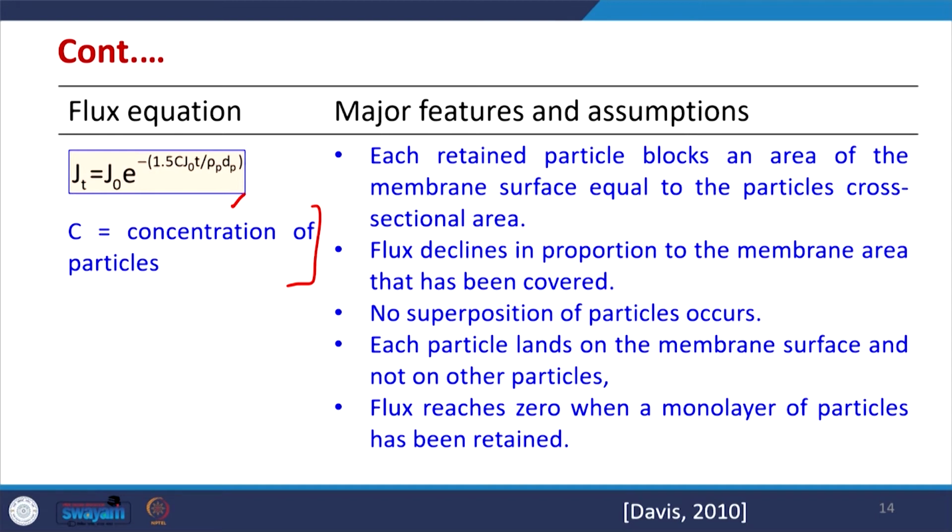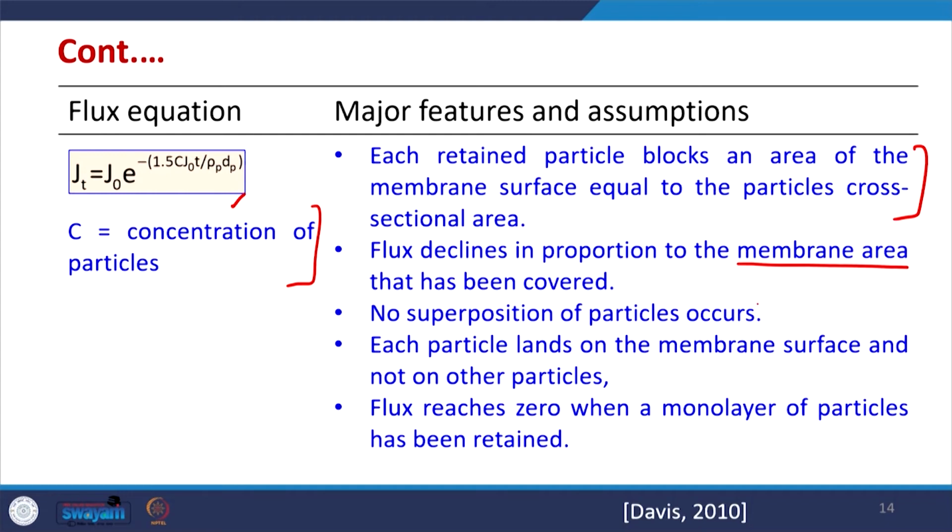So, in this case it is assumed that each retained particle blocks an area of membrane surface equal to the particle cross sectional area. So, this is the first major feature or assumption. Then the second, flux declines in proportion to the membrane area that has been covered. So, whatever membrane area has been covered, flux will decline proportional to that. No superposition of particles occurs.